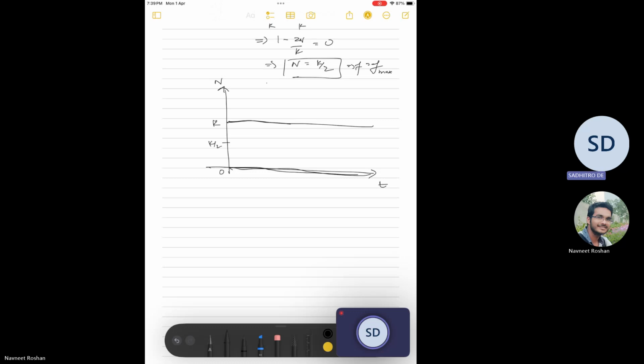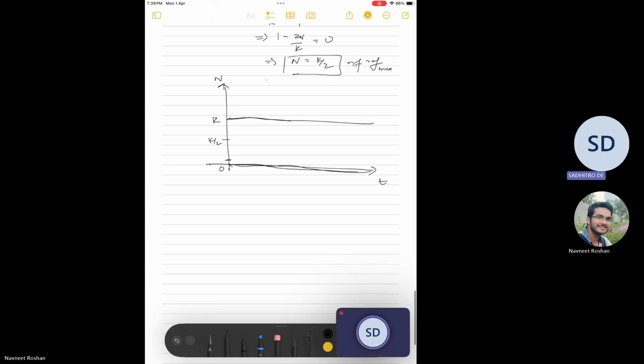And let us mark the point k by 2 over here. So suppose the population was initially somewhere over here, it will start growing rapidly towards this point. But once it reaches this value of k by 2, the growth rate decreases and it gradually approaches this point.